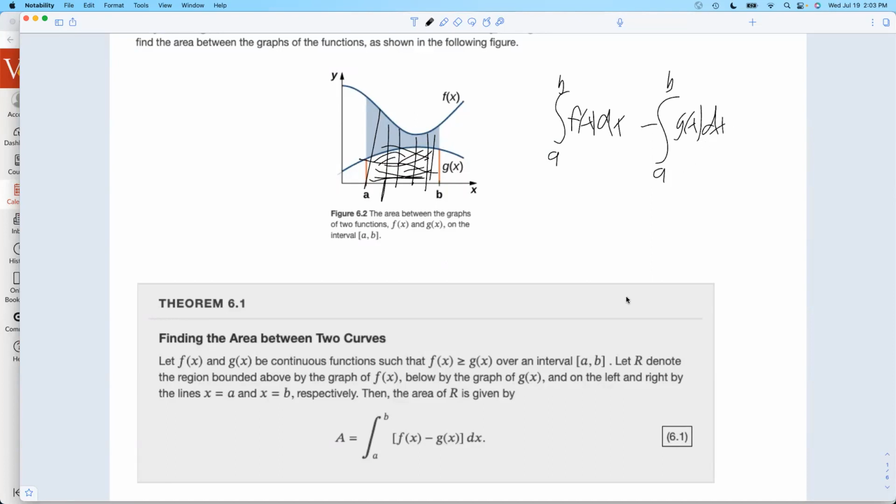Well, the integral is a linear operator. Because I have the same limits, I could combine this into one integral and we get this. That's all we're doing, taking the area under f and subtracting off, because we didn't want to count this chunk here, the area under g. So it's always top minus bottom.